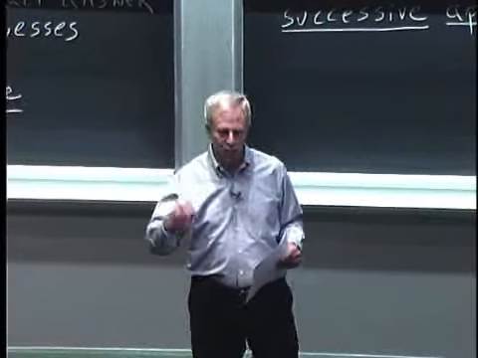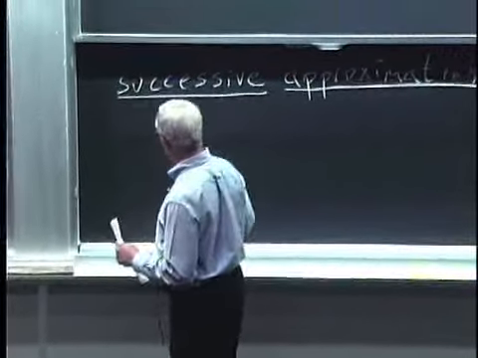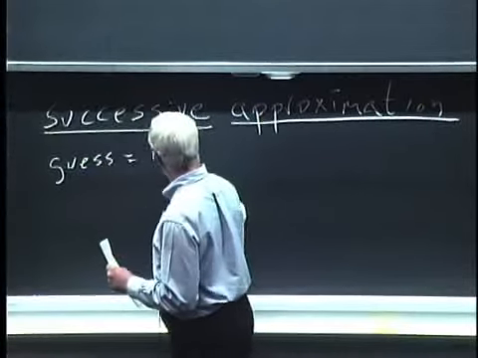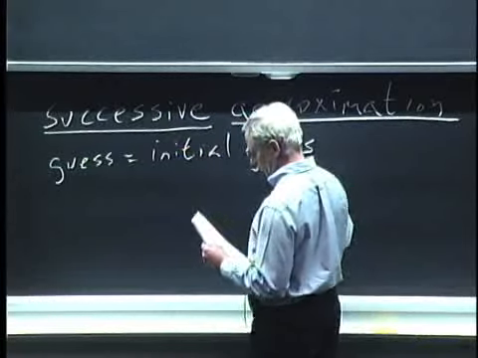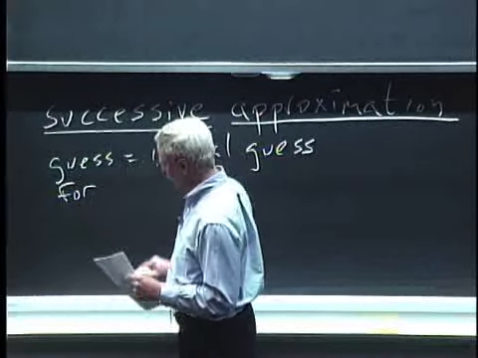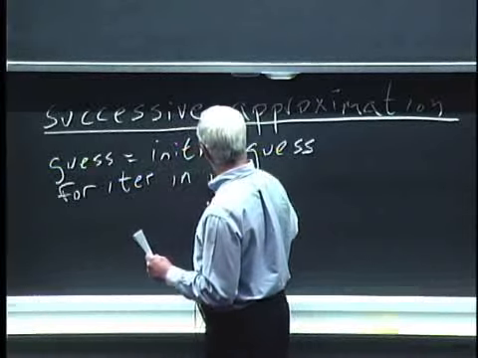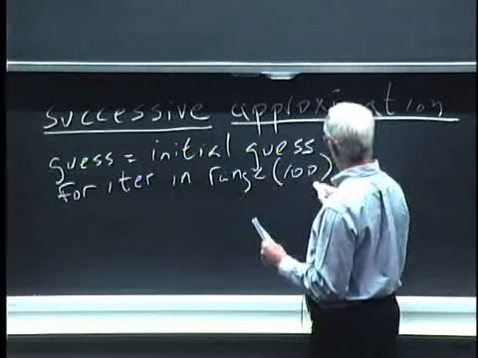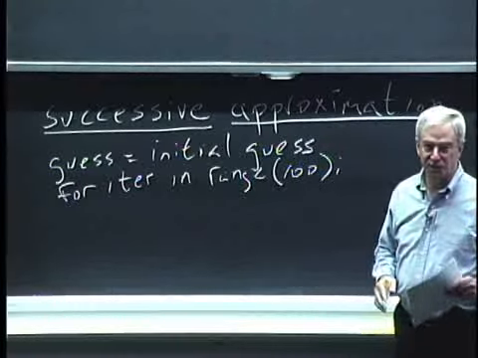Every successive approximation method has the same rough structure. You start with some guess, which will be the initial guess. You then iterate, and in a minute I'll tell you why I'm doing it this particular way, over some range. I've chosen 100, but it doesn't have to be 100, just some number there.